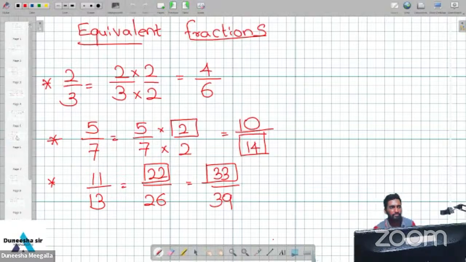We can multiply both the numerator and denominator by 2. What do we get? 4 over 6. Can you tell me another equivalent fraction for 2 over 3?